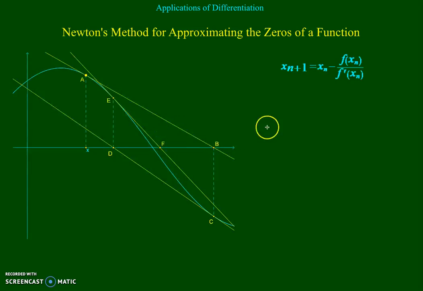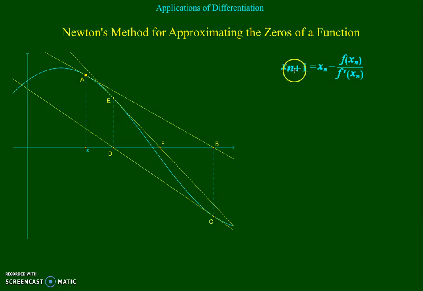So returning back to our original picture, this expression gives us the terms of the approximation of zeros of a function. If we consider that x sub n is an approximation, a first guess, if you will, at where the function will cross the x-axis, and we subtract from it the value of the function at that point divided by the derivative evaluated at that point, we will get the next approximation to the function.